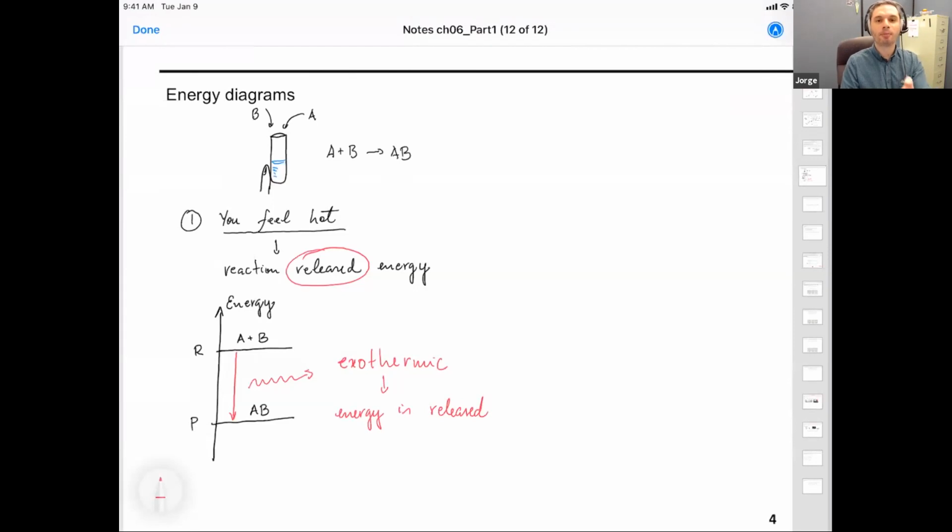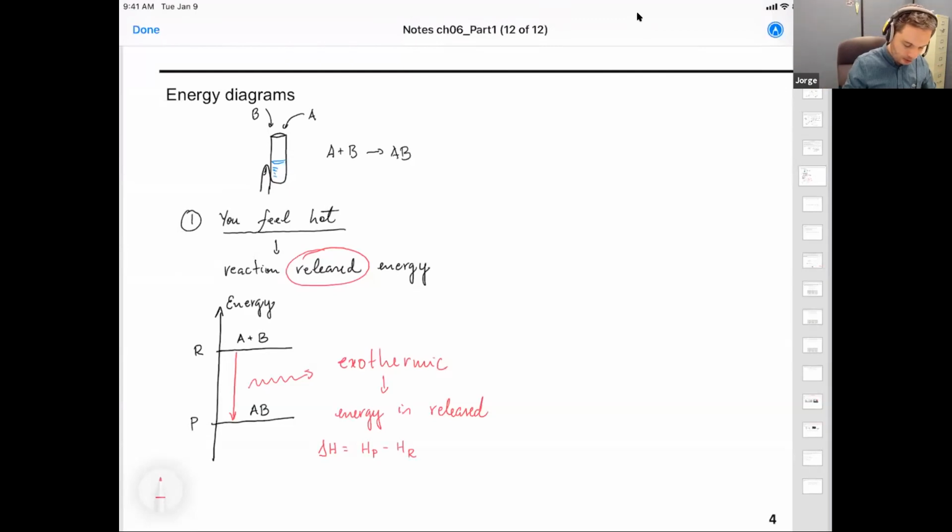Now let's determine the sign for the expected delta H. Okay. Remember here, delta H is the enthalpy of the products minus the enthalpy of the reagents. We can read enthalpy as the energy of the products minus the energy of the reagents. Our goal here for now is just to determine the sign. It's either positive or negative when we have exothermic reactions.